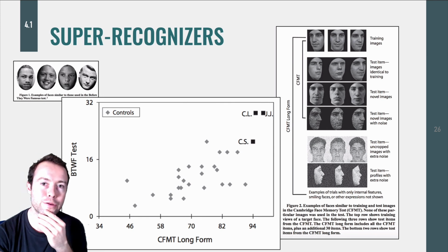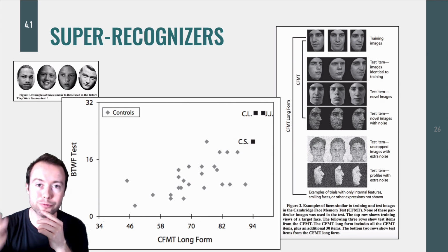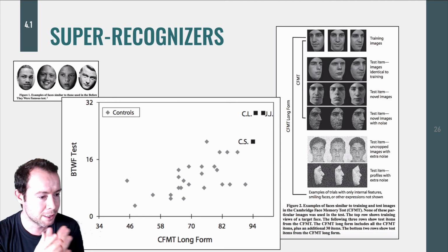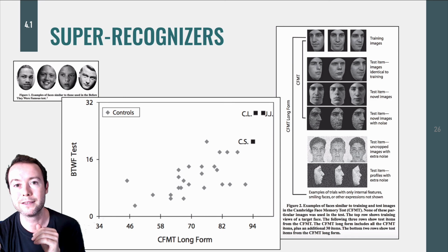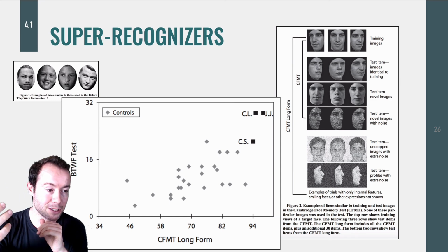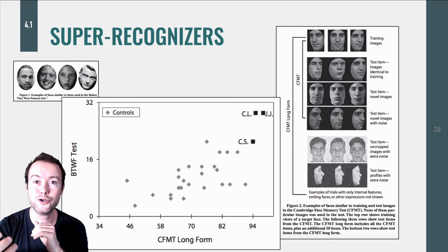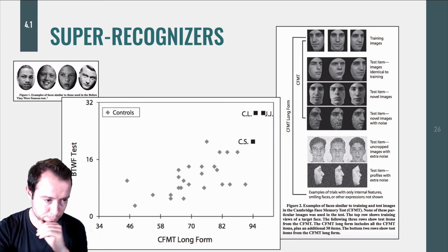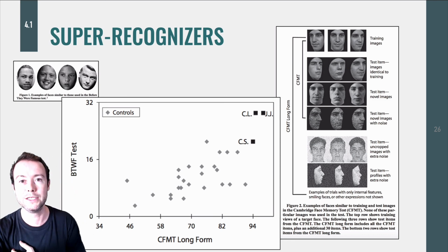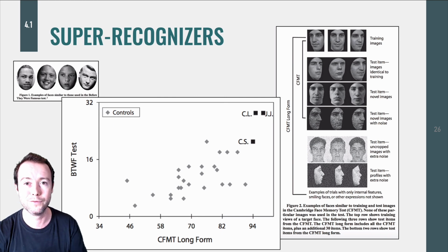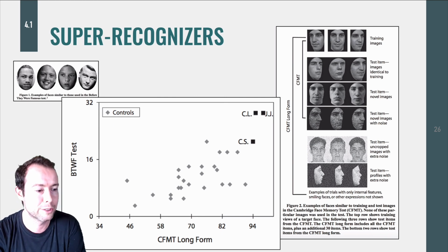You would then go through a progressively more difficult recognition test, where at the easiest level you'd be given the same image that you tried to learn at the start, exactly the same images. You would then get the same images that you've learned but slightly novel, different versions. You would then have these novel versions with a little bit of noise, so you've got a lower quality version of the face that you're looking at.